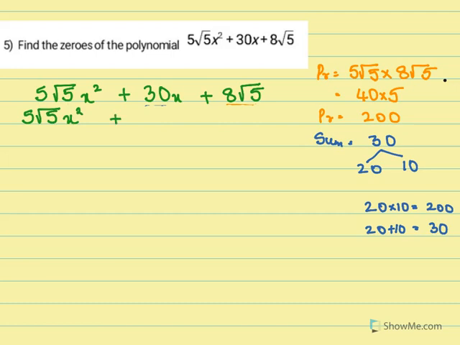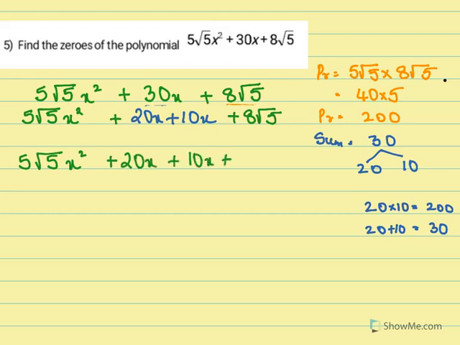For 30, I'm going to write 20x plus 10x plus 8 root 5, splitting the middle term. So let's just write this again: 20x plus 10x, 8 under root 5.